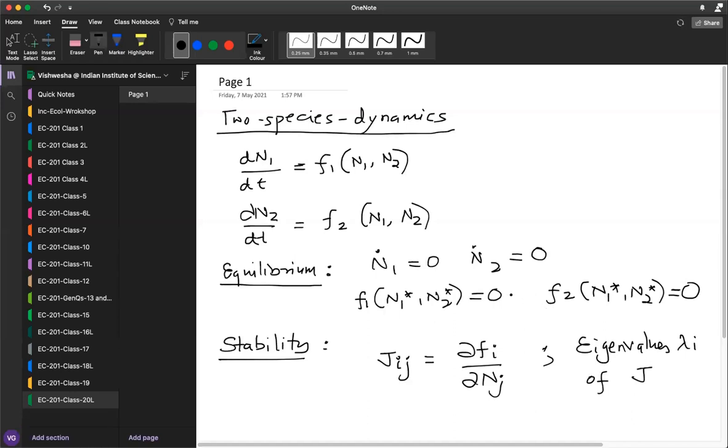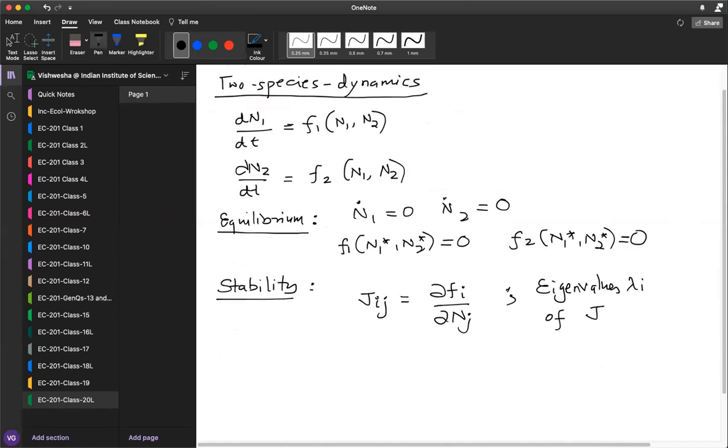And then if the real part of all the eigenvalues is less than 0, then you have a stable equilibrium.